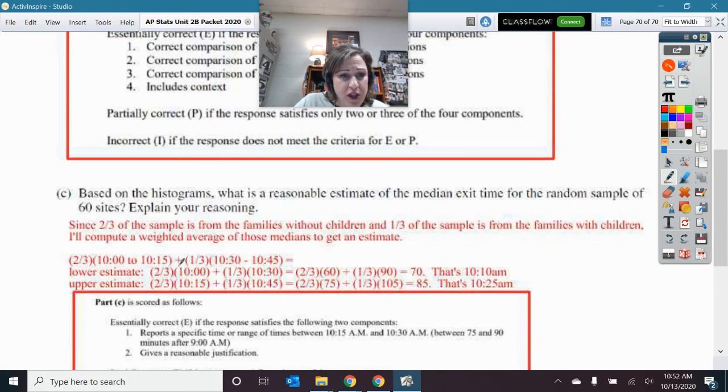I took 2/3 of the 10 to 10:30 range, and 1/3 of the 90-minute estimate. I also did 2/3 of the 10 to 10:45 and 1/3 of the other time, and 2/3 of the 10 to 10:15 and 1/3 of the 1:30 to 1:45. So I included that 2/3 to 1/3 ratio and the ranges that those medians were in. I think that was all.